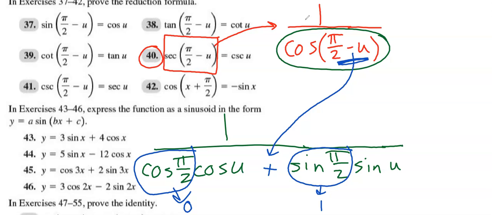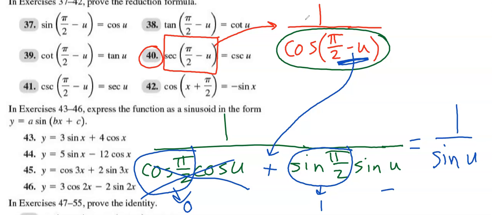I hope you realize that those terms disappeared, and all you're left with is 1 over sine u. If you leave this, you are not done with the proof.